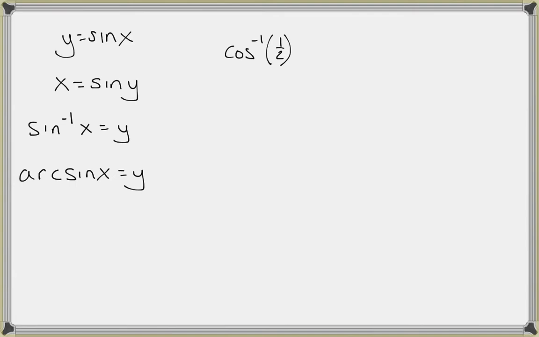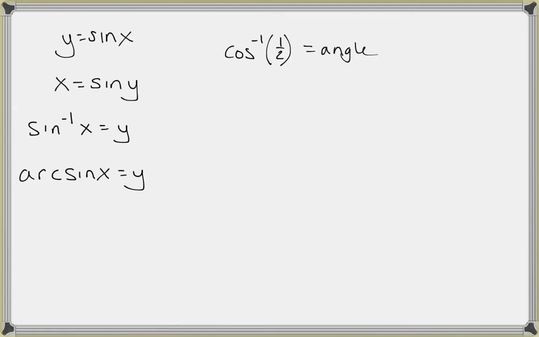So what this is asking is what angle has a cosine of 1/2. The answer to an inverse function is looking for an angle. It's looking for the angle that has this as its answer.